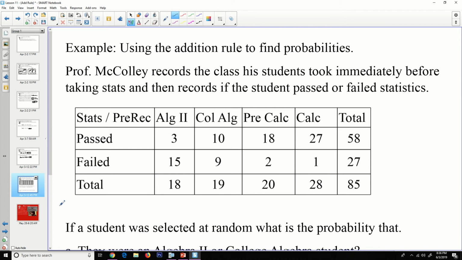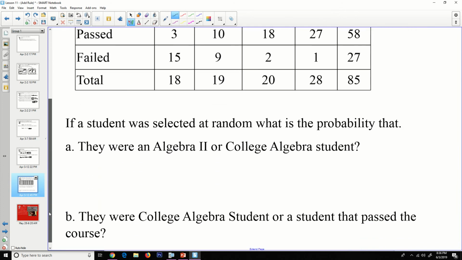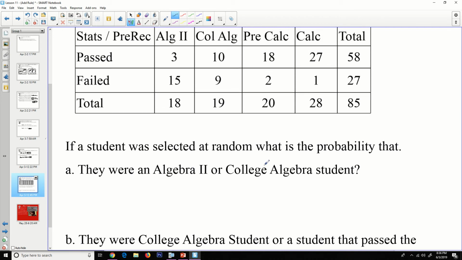Example, use the addition rule to find probabilities. Professor McCulley records the class his students took immediately before taking statistics and then records if the student passed or failed statistics. If a student was selected at random, what is the probability that they were an algebra 2 or college algebra student?